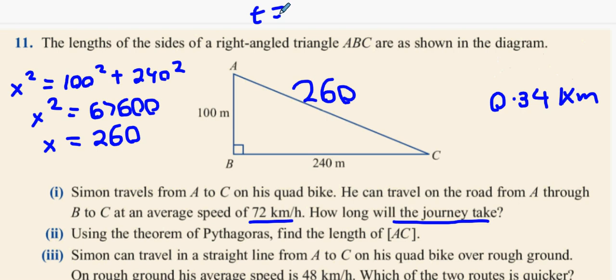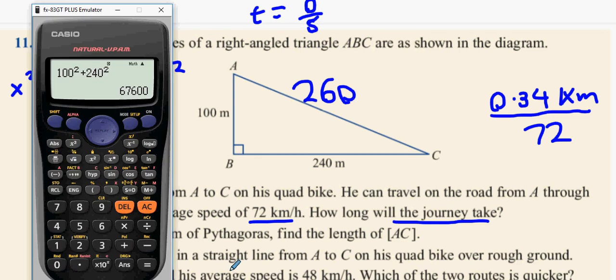How would you calculate time? Yeah, distance over speed. So time equals distance over speed. Okay. Which is 0.34 divided by what, guys? How fast do you have to go? 72. Put that into the calculator. 0.34 divided by 72.